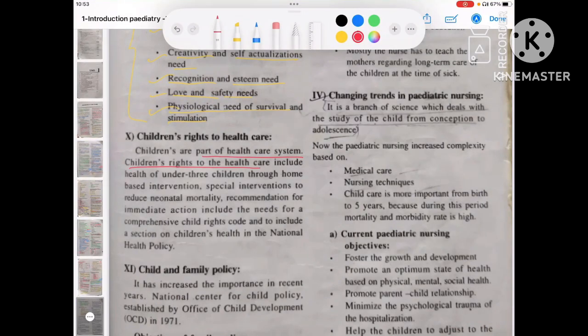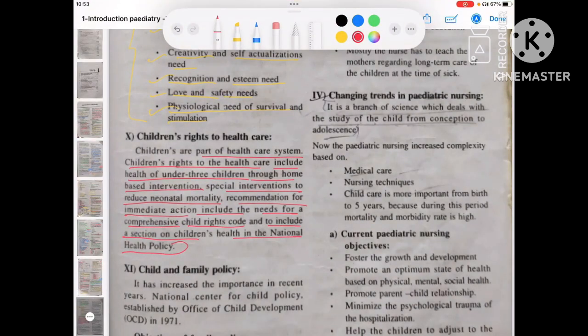Children's rights to healthcare include healthcare for under-three children through home-based interventions and special interventions to reduce neonatal mortality. Recommendations for immediate action include the need for a comprehensive child rights code and a section on children's health in the national health policy.